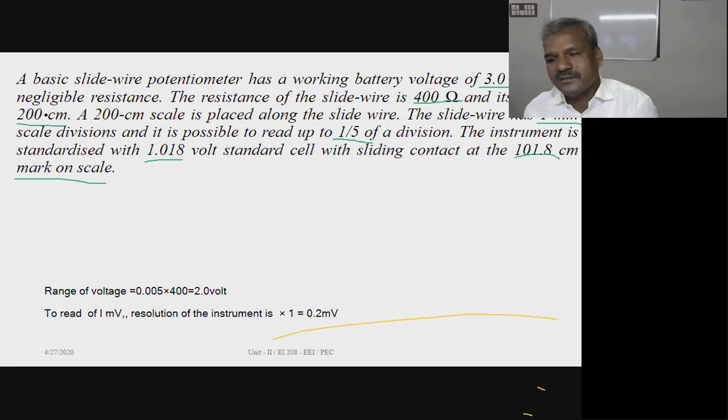So what will be the resistance? Very simple: 101.8 divided by 200 into 400 ohm. That will give you the resistance across this slide wire.